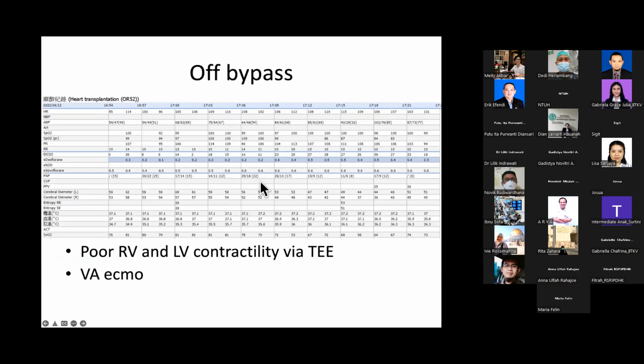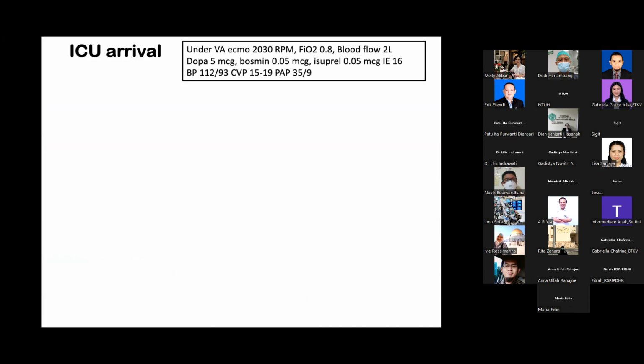When we came off the bypass, the LV function and the RV function became very poor, even under high inotropic support. Under the high inotropic, you can see here the pressure is not so good. After that, we put on the ECMO and the pressure became better. So in that condition, we just put on the ECMO.